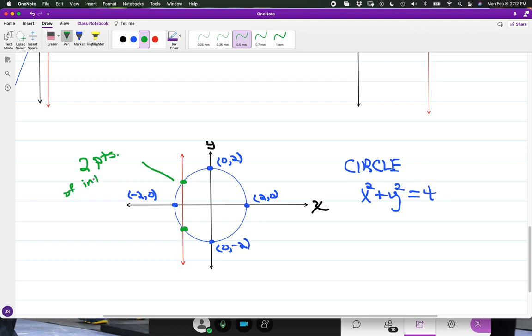So you have 2 points of intersection at the same x. So in this particular case, for this circle, this one is not a function.